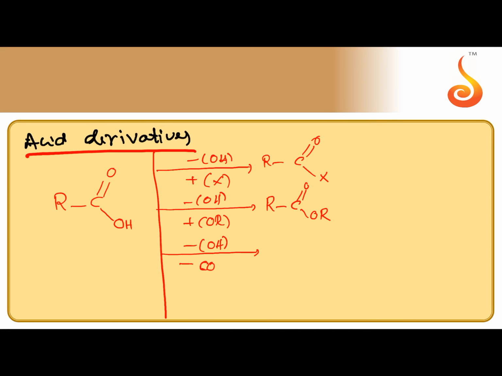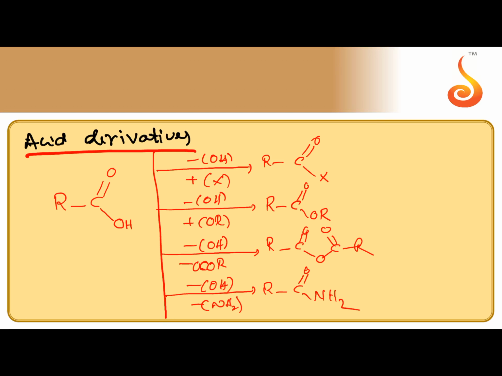In place of OH, if COR is attached, that is OCOR. In place of OH, you keep OCOR. This is an acid anhydride. In place of OH, if NH2 or any substituted amino group is used, we get an amide, acid amide.